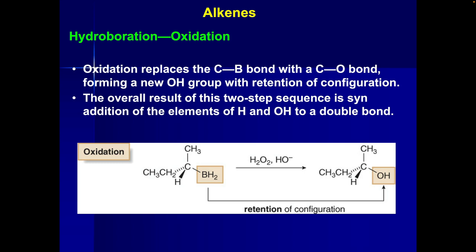The hydrogen is on carbon number 1, right? But if I do this process, BH3 followed by hydrogen peroxide and base, which would be sodium hydroxide, we usually just draw hydroxide, I end up with this alcohol.